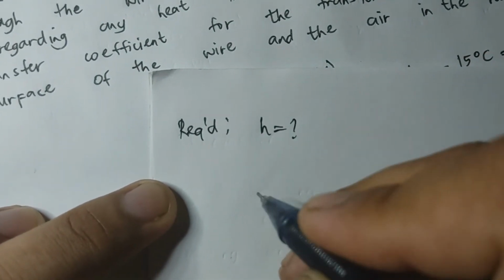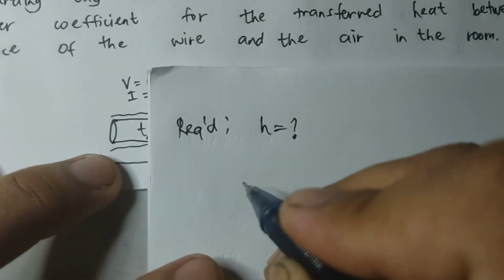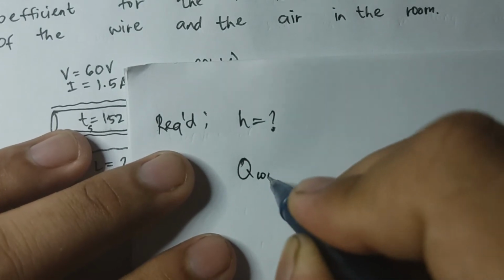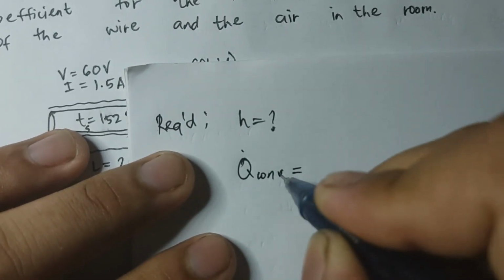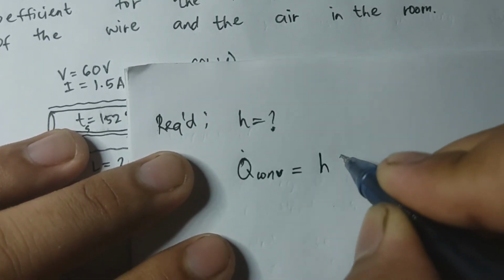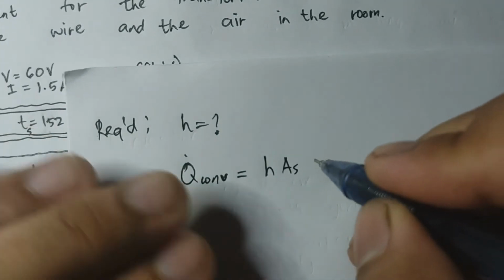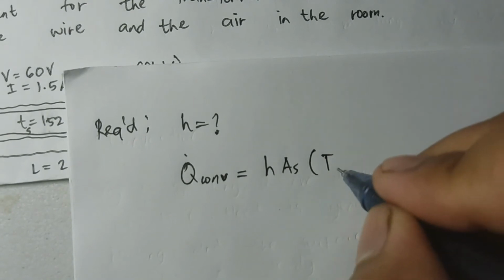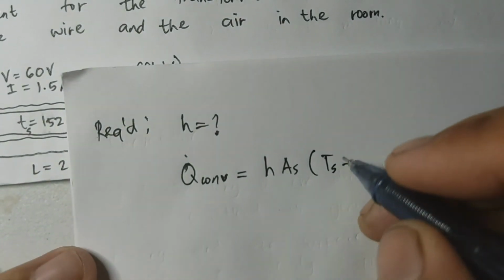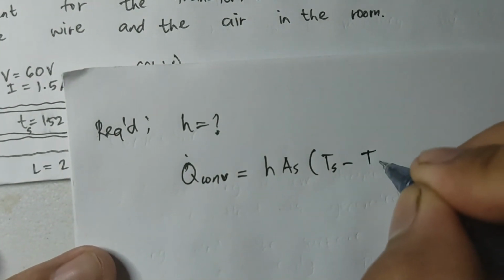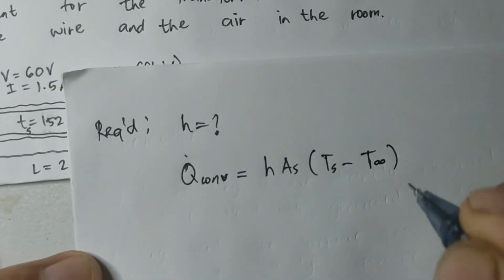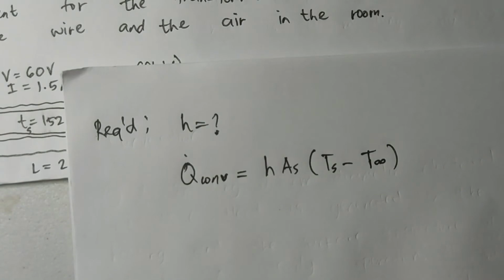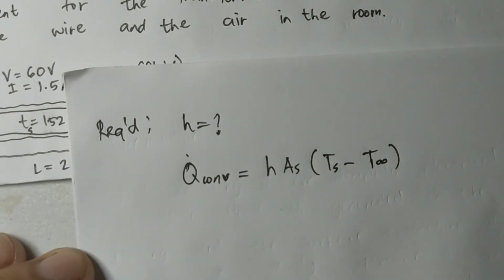H. So, we all know na ang formula ng convective heat transfer or convection, Q convection is equals to H times A sub S times T sub S or surface minus T infinity or temperature ng surrounding environment.